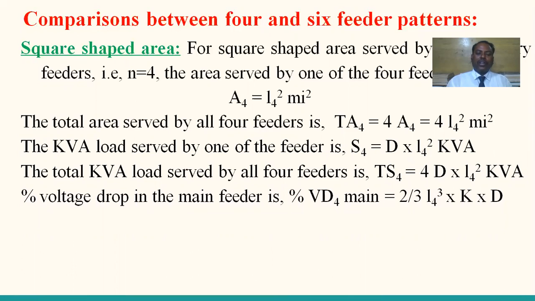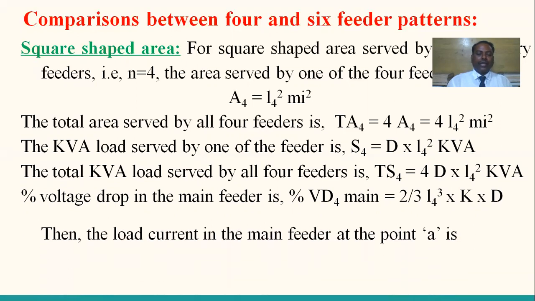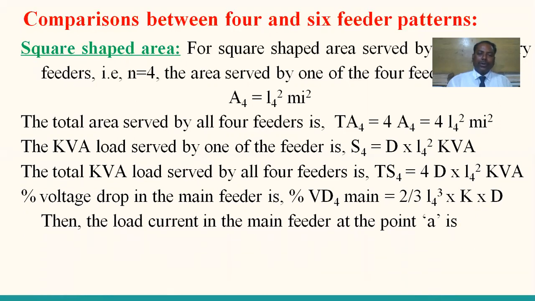Therefore, the voltage drop in the main feeder is 2/3 of L4 cube into K into D. Then the load current in the main feeder at any point A, which is I4, can be calculated for the one feeder. We are taking just the load current in the main feeder at a point A, so this can be calculated from the load and the voltage.